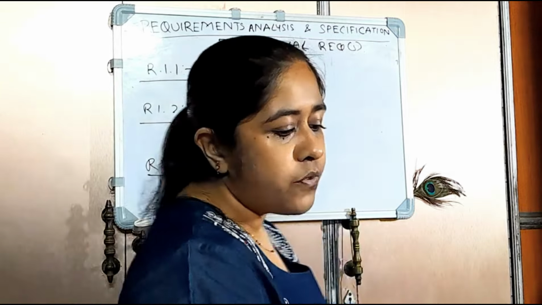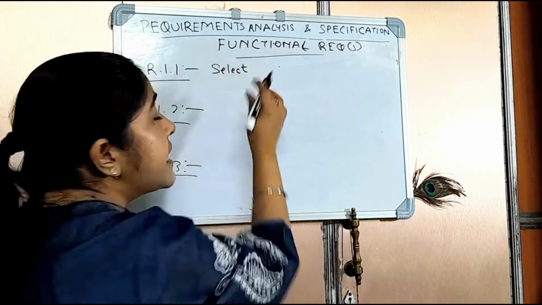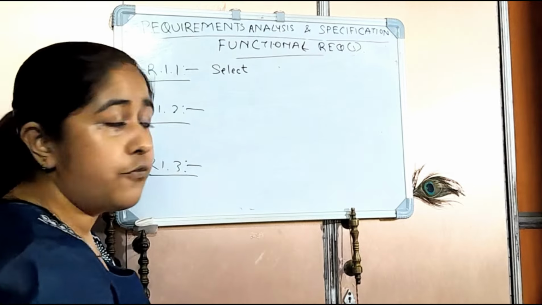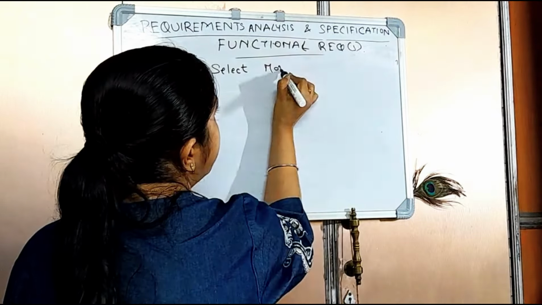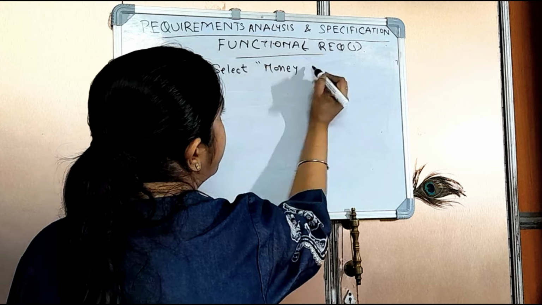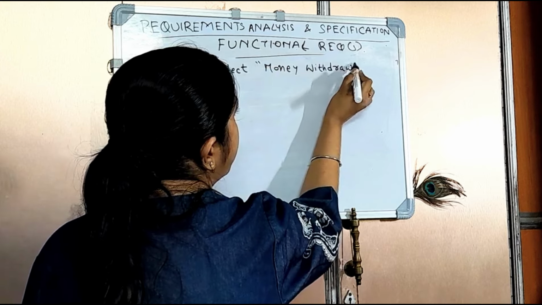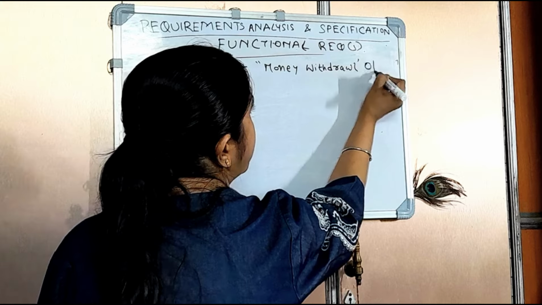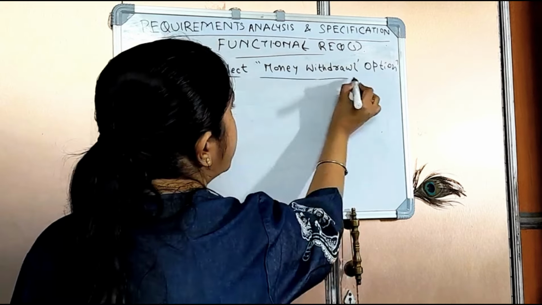Then the first one is select. This is how we are going to make the SRS document for functional requirements. Select money withdrawal option. This is what our processing will be.